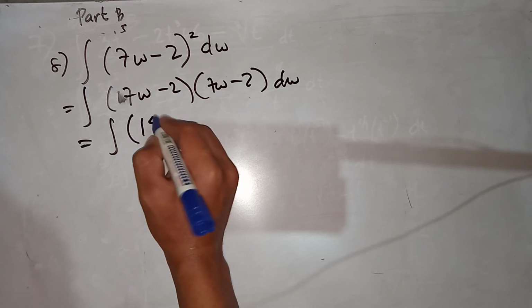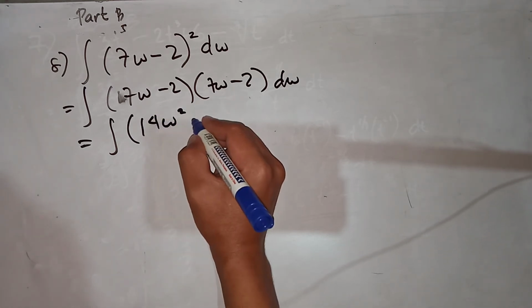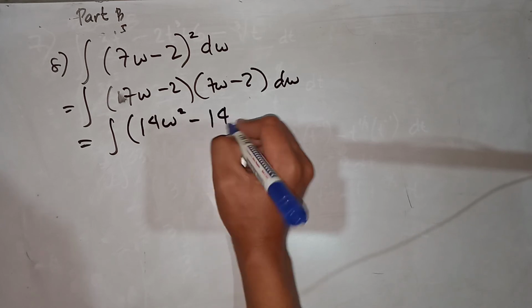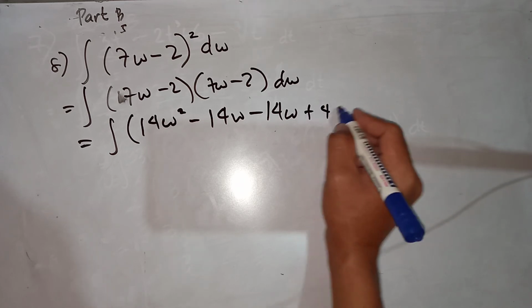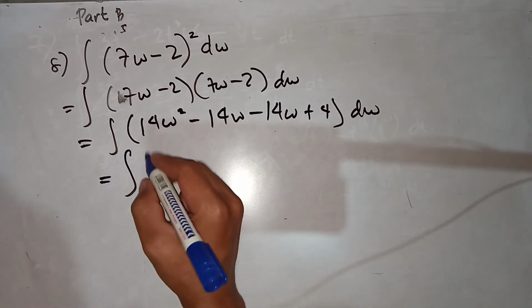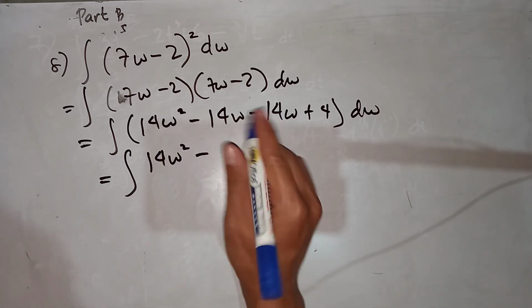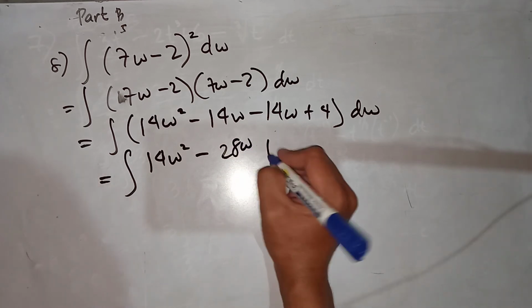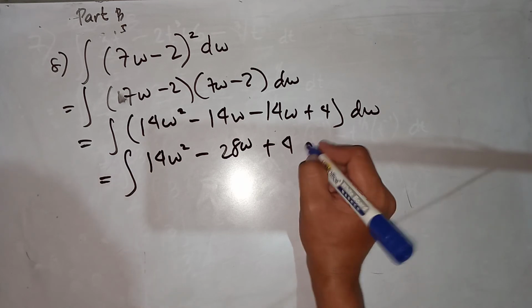This becomes 49w squared minus 14w minus 14w plus 4 dw, and this becomes integration of 49w squared minus 28w plus 4 dw.